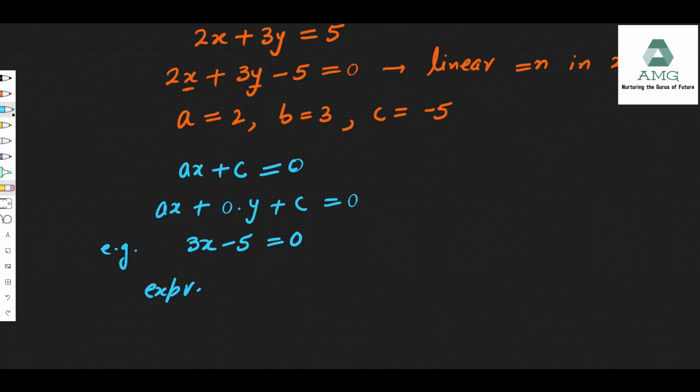This equation can be expressed as a linear equation in two variables, as 3x plus 0 times y minus 5 equals to 0. Here the point to note is that this can only be expressed as a linear equation in two variables, but actually this is not a linear equation in two variables.